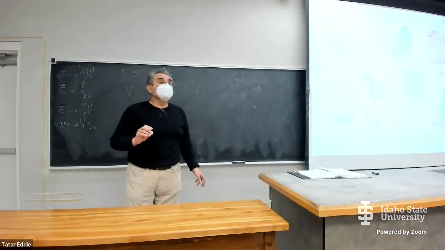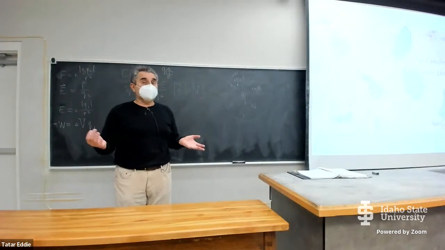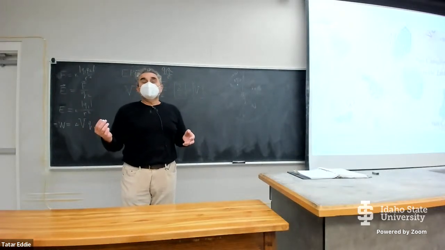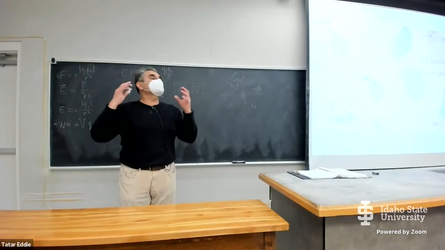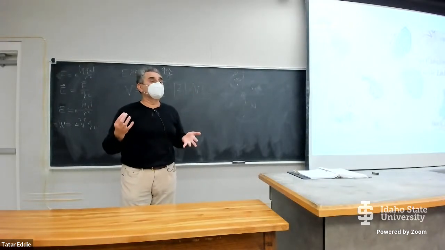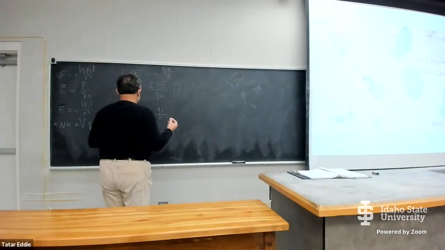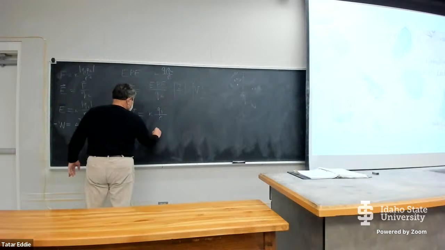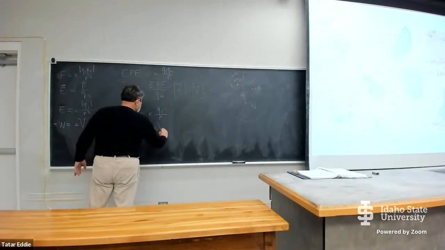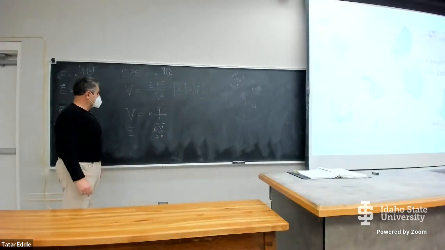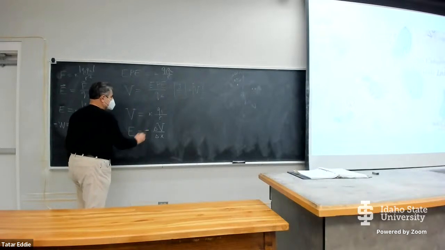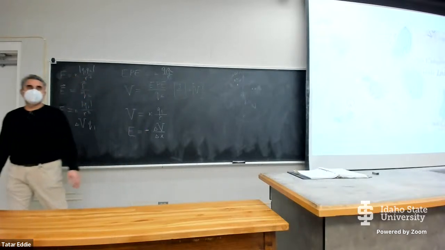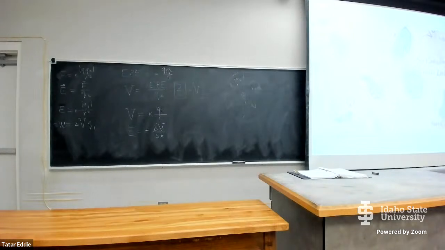It can be shown, and again in the textbook it is not strictly shown, that the dictionary is a single, very simple formula. The dictionary says the electric field in magnitude is equal to the change of voltage when you make a step with size delta x, the minus sign, which for you is not very useful.